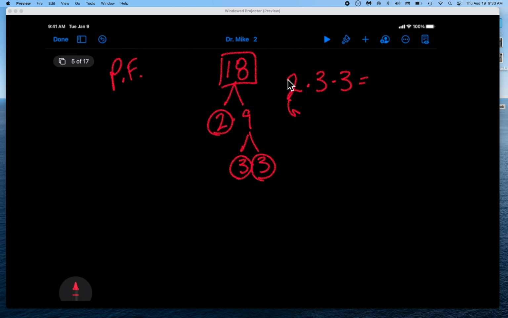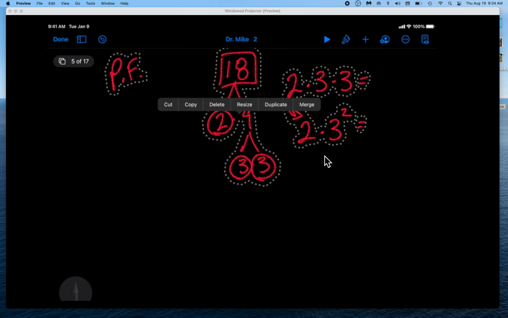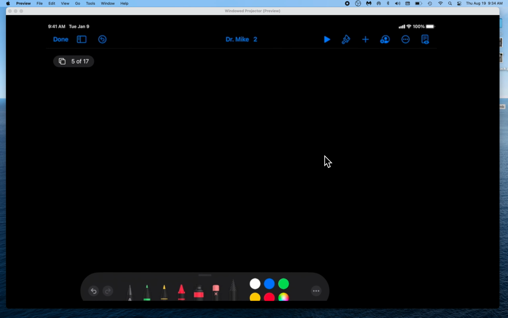And then we talked about rewriting this over here as 2 times 3 to the second power, also known as 2 times 3 squared. So 3 squared, or 3 to the second power, means 3 times itself twice. Okay, so that was our brief introduction to exponents, and I mentioned that we would dive a little bit deeper into them, so let's do that.